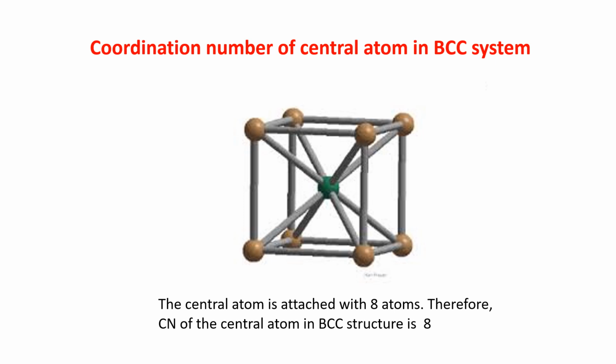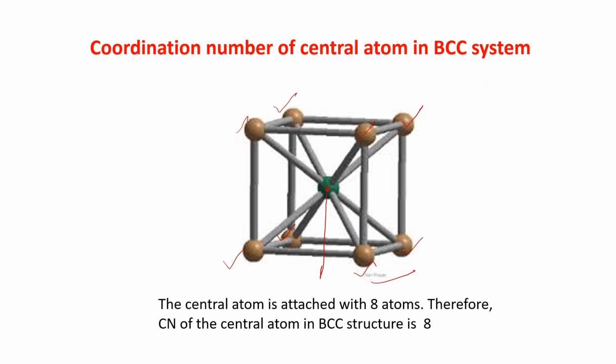Children, you can see from the figure that this atom is inside the body, at the center of the body. It is attached with 8 atoms in 8 corners. 1, 2, 3, 4, 5, 6, 7, 8.